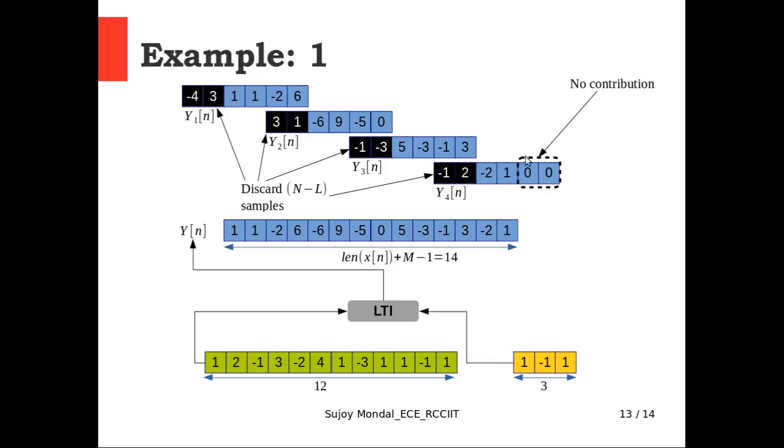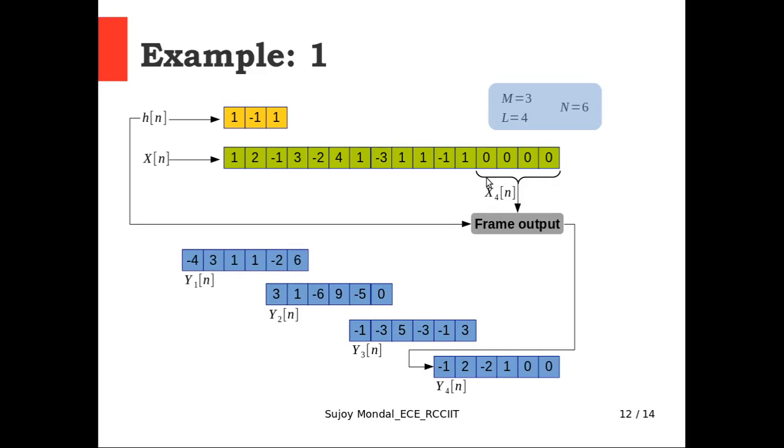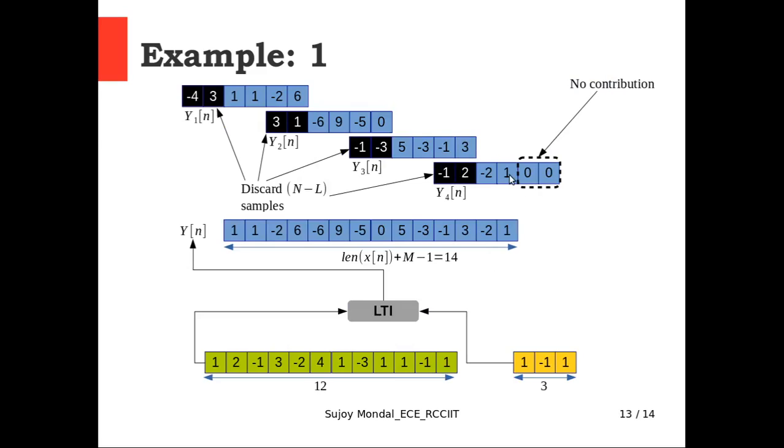So there is no contribution from these 2 samples to the final output, because in the final frame computation, if we go back, the original samples were these 2 samples, these are 0, not contributing anything, and the length of h equals 3, so 3 plus 2 is 5, 5 minus 1 is 4 valid samples, out of which we have to discard 2. So the last 2 sample points contribute to the final output.